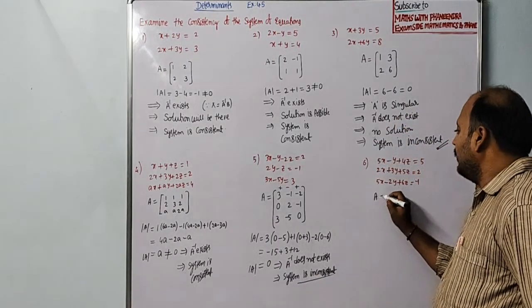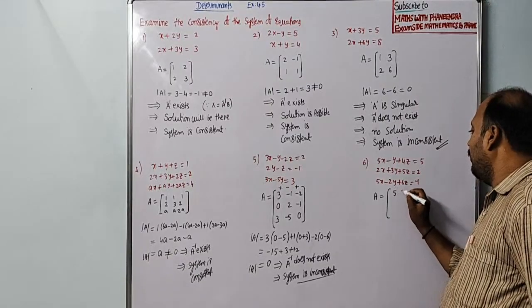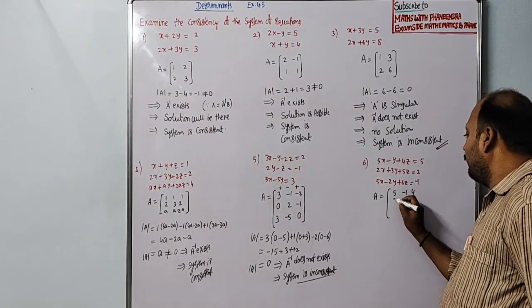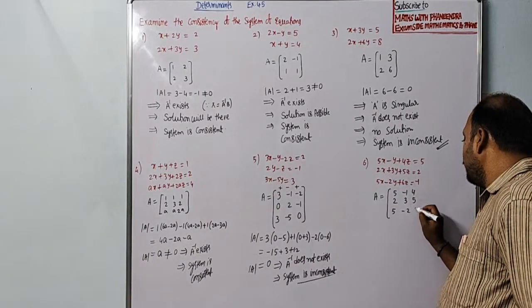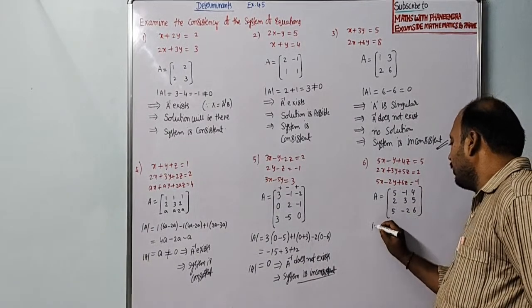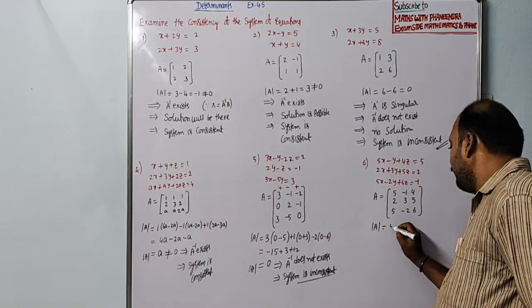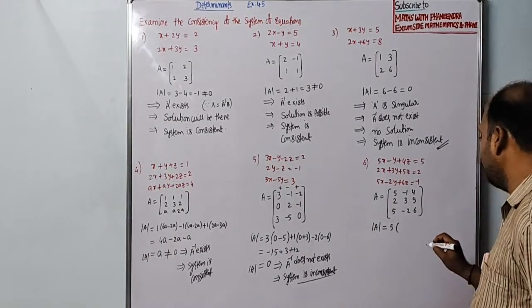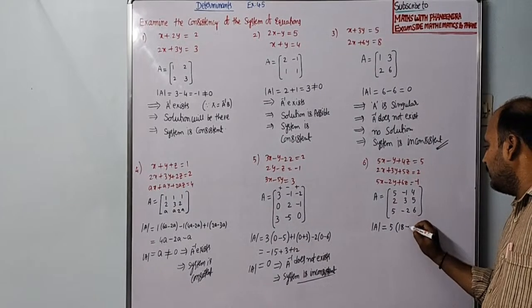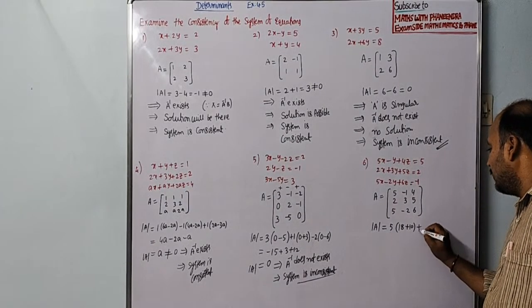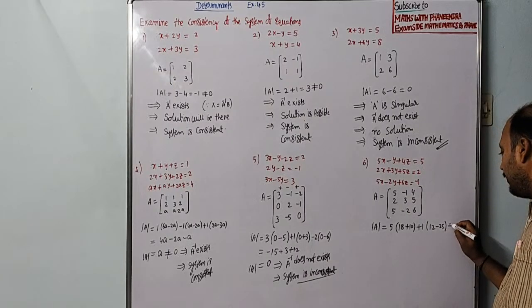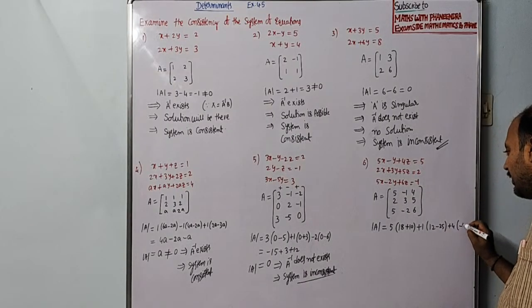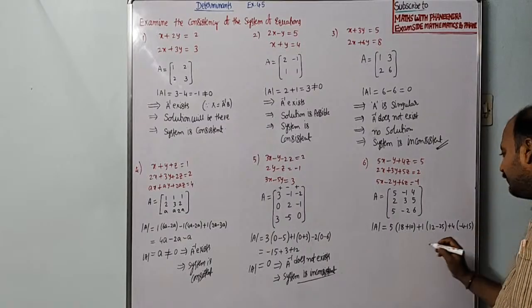So here also A is equal to 5 minus 1 4, 2 3 5, 5 minus 2 6. Det A equal to 5 into 18 plus 10, plus 1 into 12 minus 25, plus 4 into minus 4 minus 15.